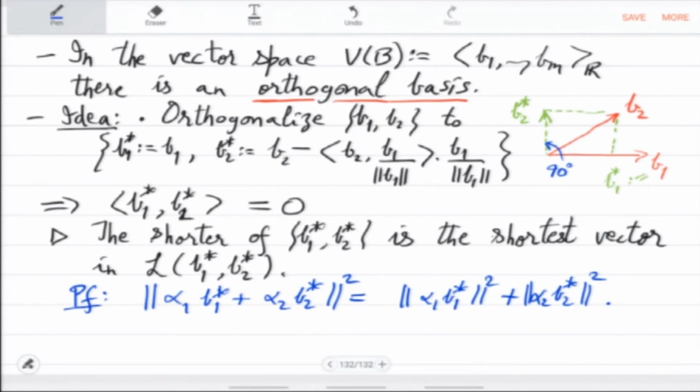If alpha 1 for example is 1 or more, then this will contribute the length of B1 star squared. So any combination's length will be at least the smallest vector.